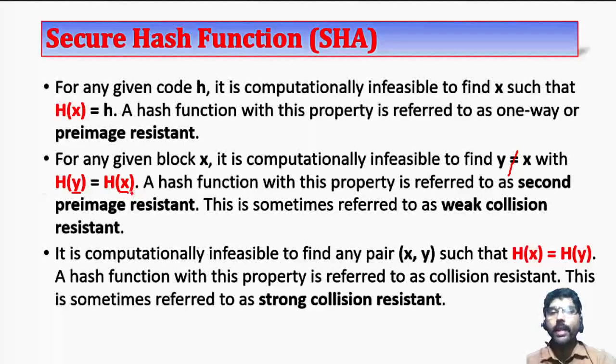It never generates the same hash code. Whatever may be the data stored in X and Y, if the data is dissimilar, in that case, it never creates a same hash code. The hash code generated should be always unique.